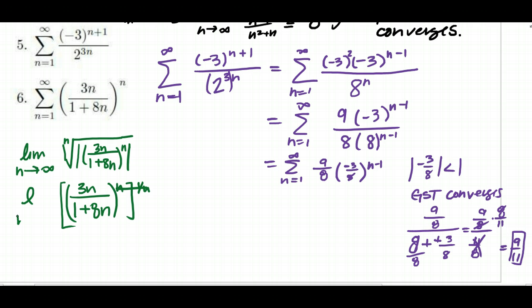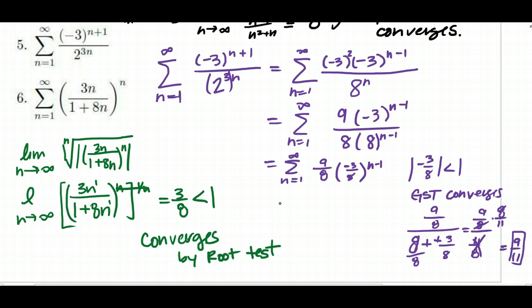So now I'm just doing the limit as n approaches infinity of 3n over 1 plus 8n, and since these degrees match, my answer is 3 over 8. Remember, the root test has the same conclusions as the ratio test. Since this is less than 1, we know that the original series converges by the root test.